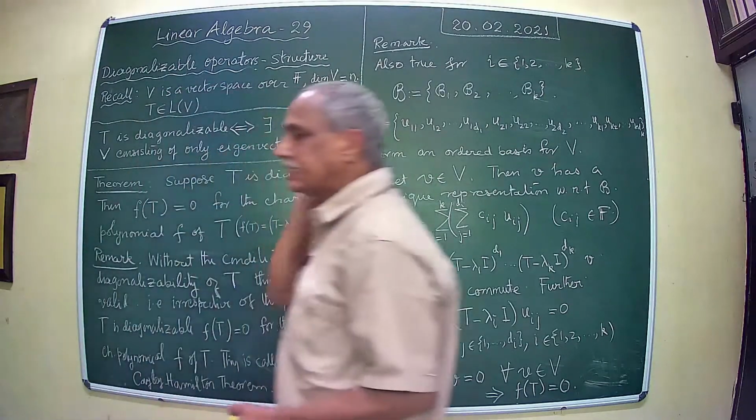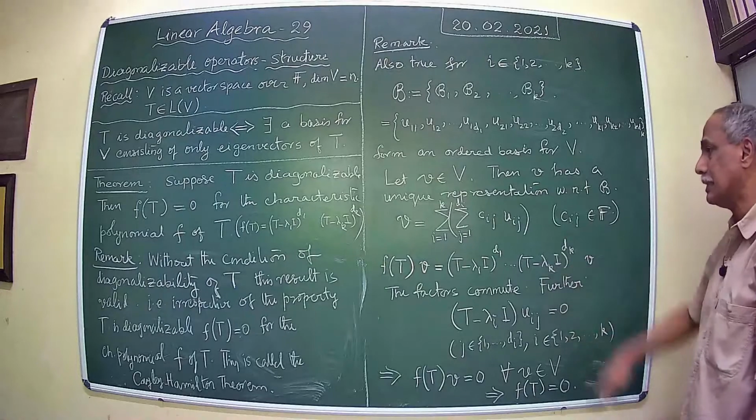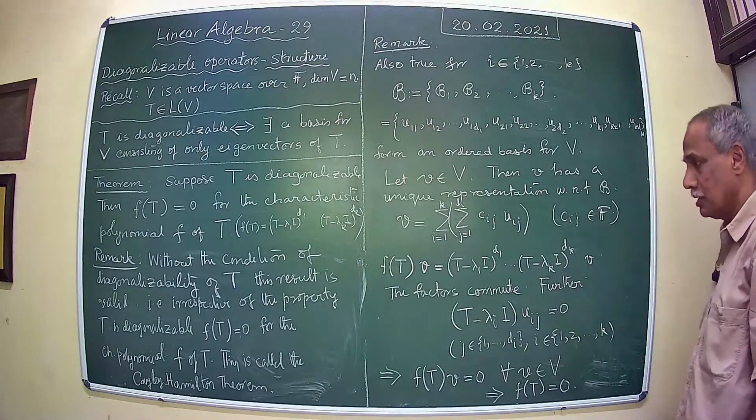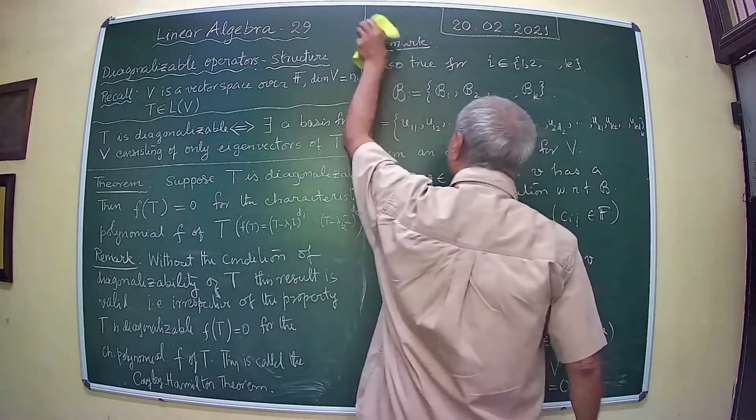See, the point is this. It's very easy to prove using this diagonalizability. But the proof in the general case is going to be different. Okay?